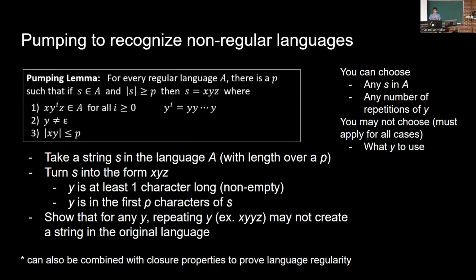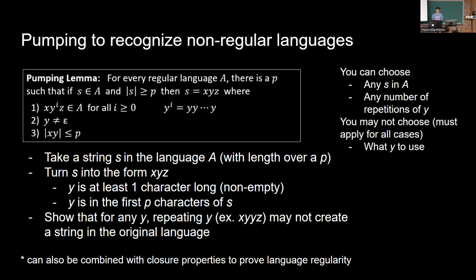But okay, pumping lemma, I feel like is one of the things that's not that bad, but it seems like one of the trickiest things. But it's not actually that bad. You just need to know how to exploit it. So the idea here is that this lets us see if languages are regular or not, right?